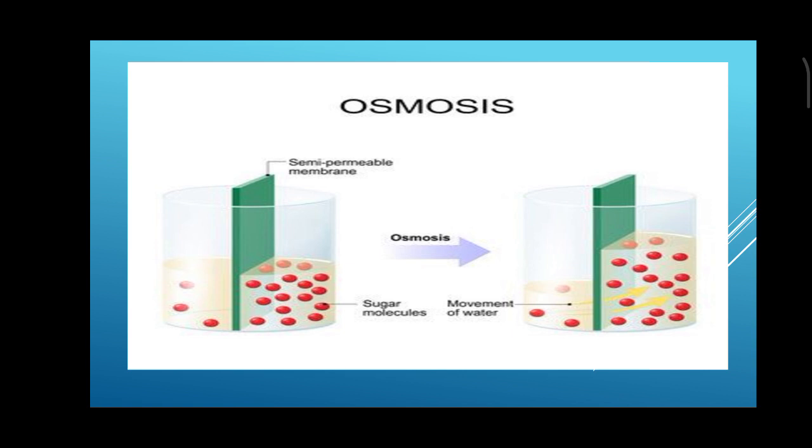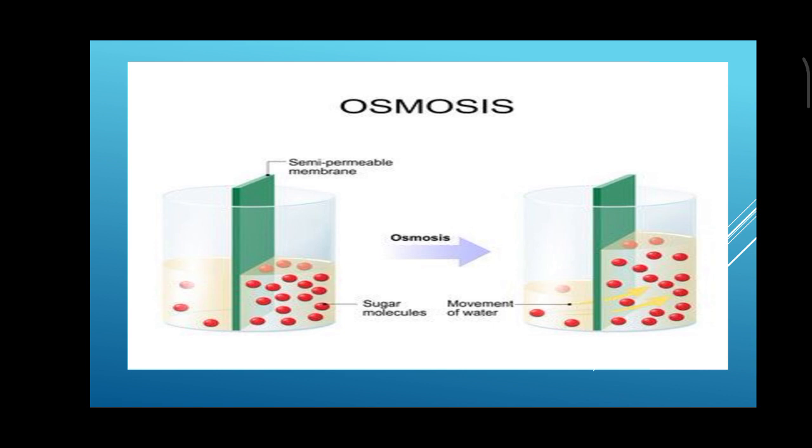Because of the greater value of chemical potential and vapor pressure, the pure solvent particles will pass from the solvent area to the solution area. This movement of pure solvent particles from the solvent area to the solution area is called osmosis.